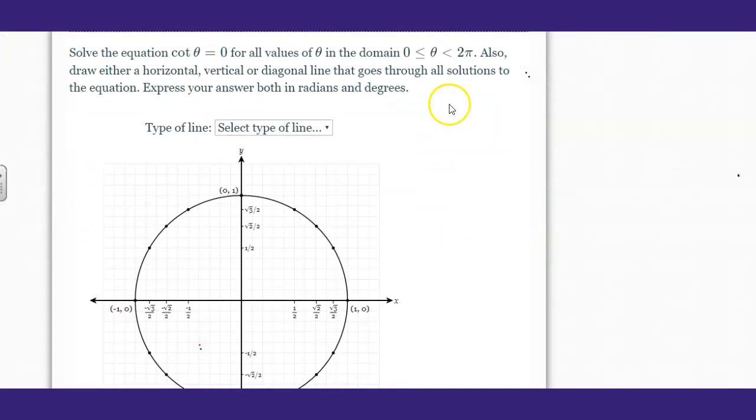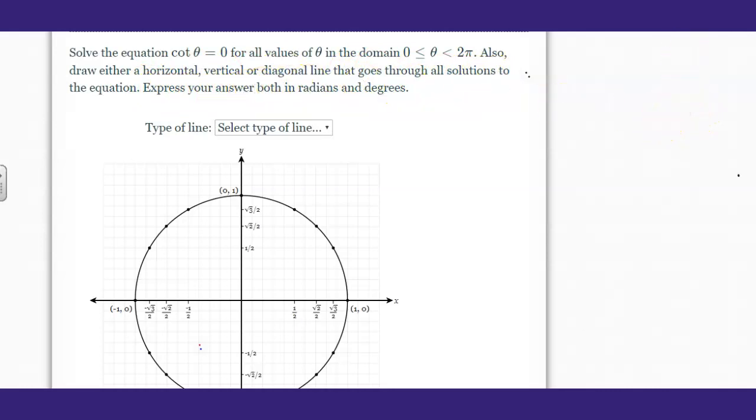All right, and then this one right here says solve the equation cotangent theta equals 0 for all values of theta between 0 and 2 pi. Also draw either a horizontal, vertical, or diagonal line that goes through all solutions to the equation. Express your answers in both radians and degrees.